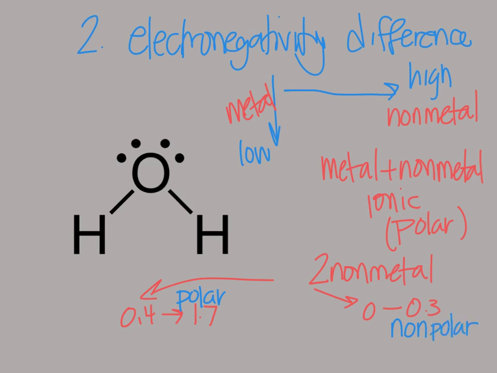In the case of water, hydrogen is on the far left side of the periodic table and oxygen is on the right side, so they should have pretty different electronegativities according to the trend. Therefore water is also going to be listed as polar.